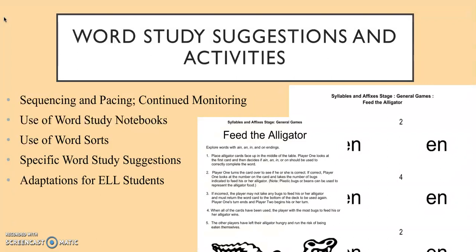Another great artifact is the word study notebook. Getting your student to take those word sorts, and as they work through them throughout the week, recording them into those word study notebooks. It almost becomes almost like a dictionary for them. So the word study notebooks are really essential because these students really need these layers to sometimes go back to.